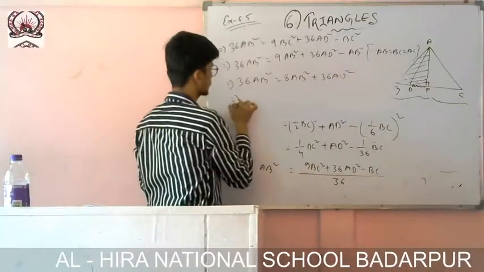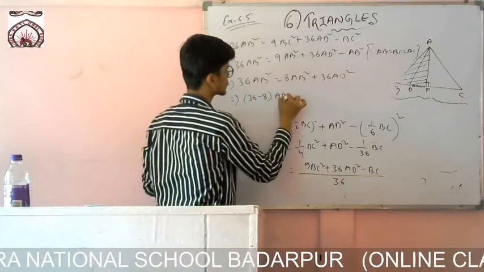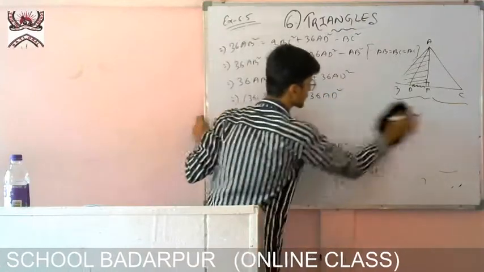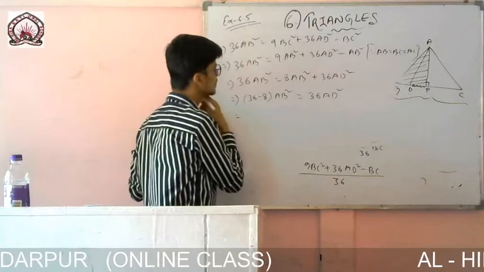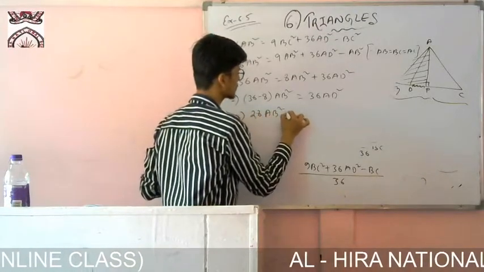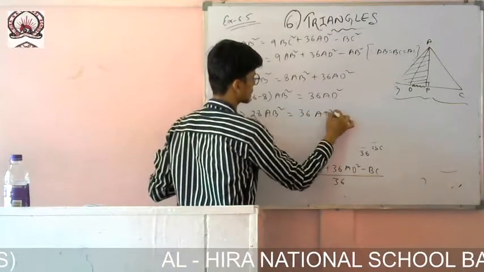So if I bring 8 here, then it will be 36 minus 8 AB square equals to 36 AD square. So 36 minus 8 is 28. 28 AB square is equals to 36 AD square.